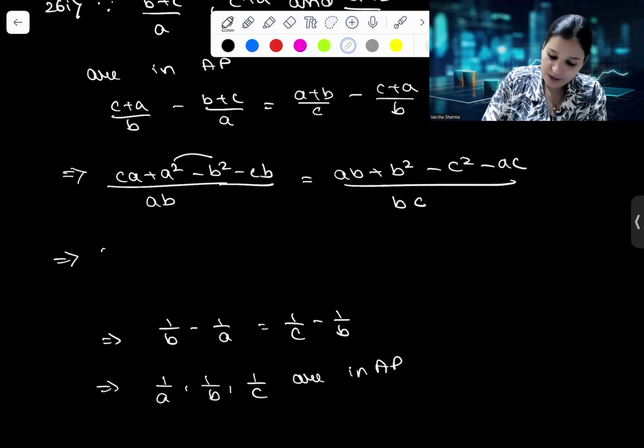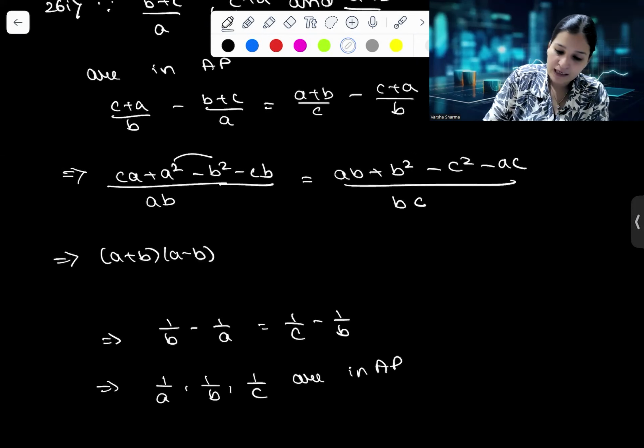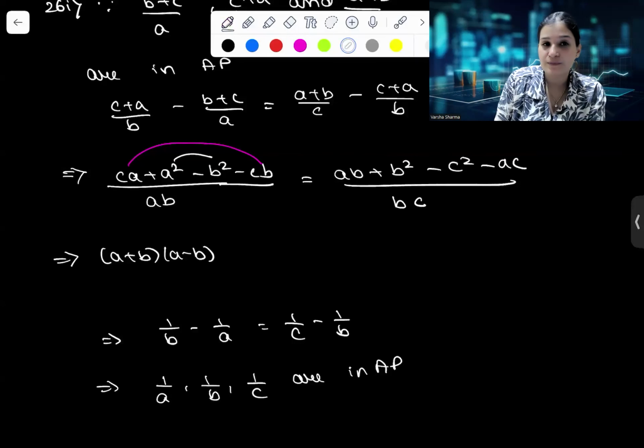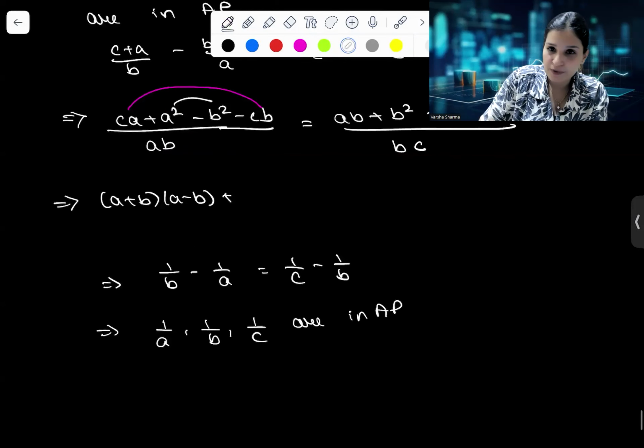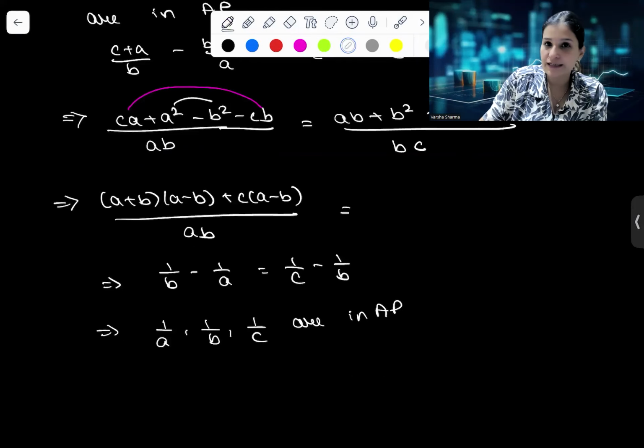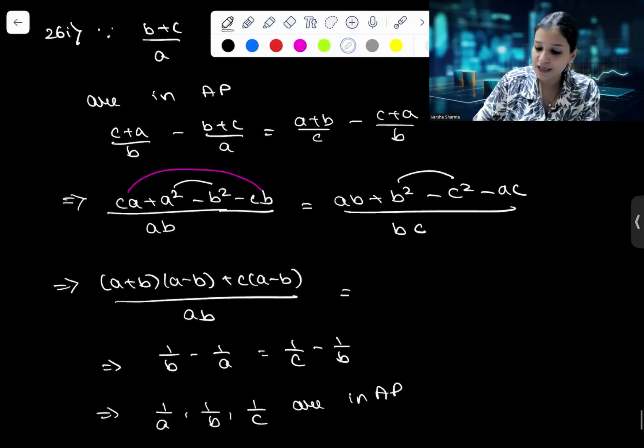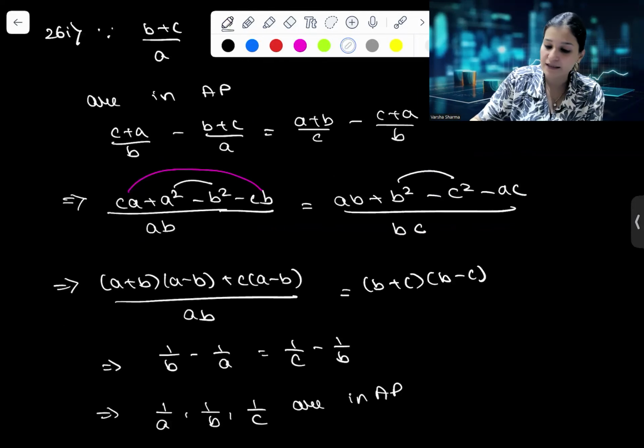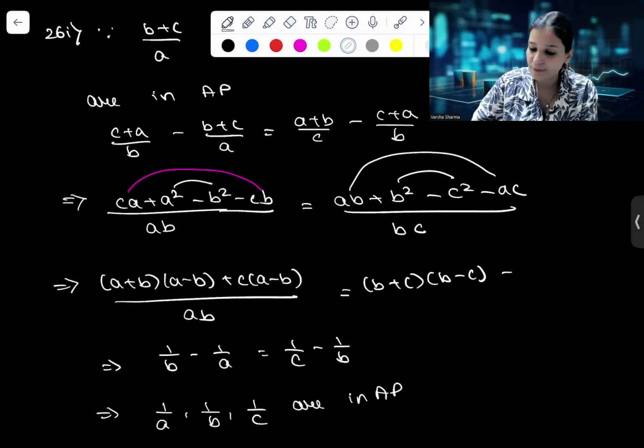A square minus b square can be written as (a plus b)(a minus b). And in these two terms, we can take c common, so we are left with a minus b. Similarly, in the right hand side, b square minus c square can be written as (b plus c)(b minus c). And in these two, I am taking a common.